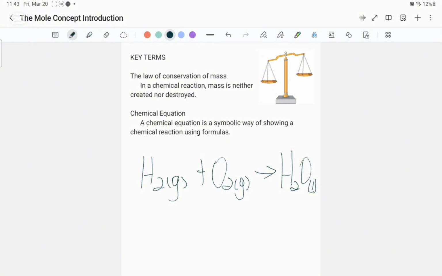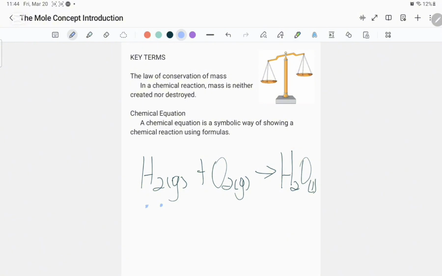How many atoms of hydrogen do we have on our left hand side? It is two. We're going to denote this by using dots. So we have two hydrogen on the reactant side.